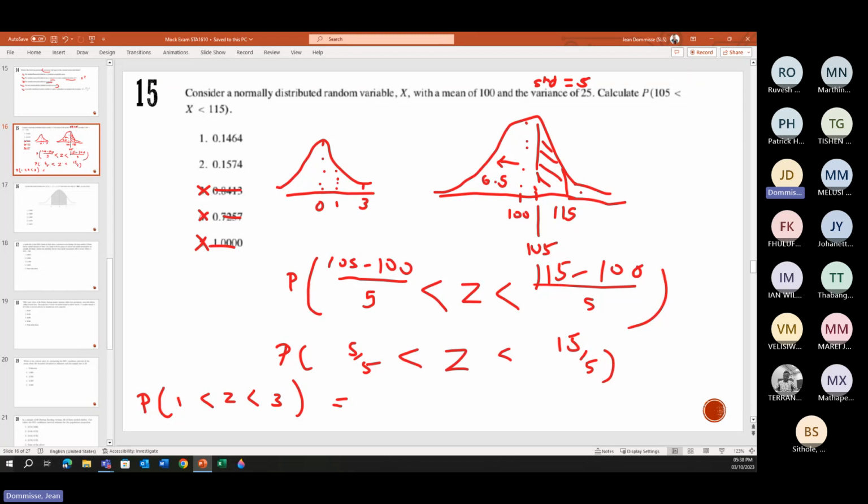Again, we're looking for that area of a probability. Here, what I would do is get the probability of Z equal to 3, then subtract the probability of Z equal to 1. So let me get to my table.